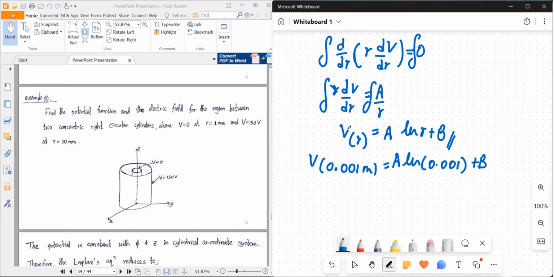So we are going to apply the boundary conditions here. When V is equal to 0 at r equal to 1 millimeter.